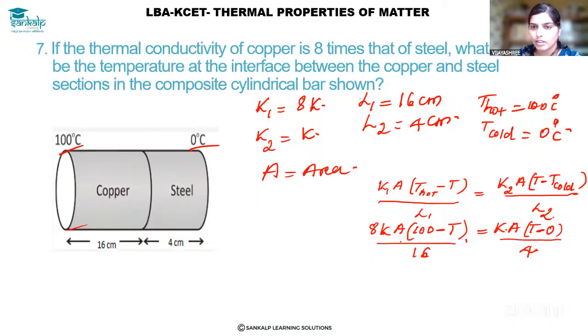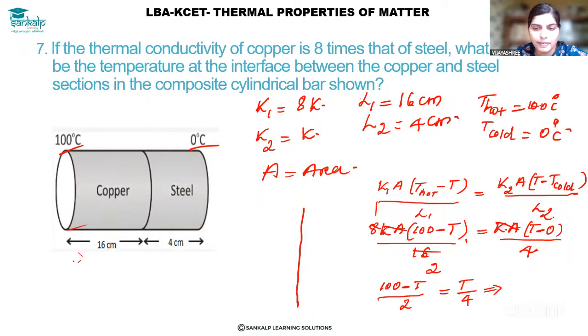Okay, cancel out the common terms. K into A gets cancelled, K into A gets cancelled. 8 ones are 8, 2 twos are 2, which is equal to 100 minus T divided by 2 is equal to T divided by 4, okay, which implies, how can we simplify this further? It can be simplified further as I do here. 100 minus T divided by 2 is equal to T by 4.